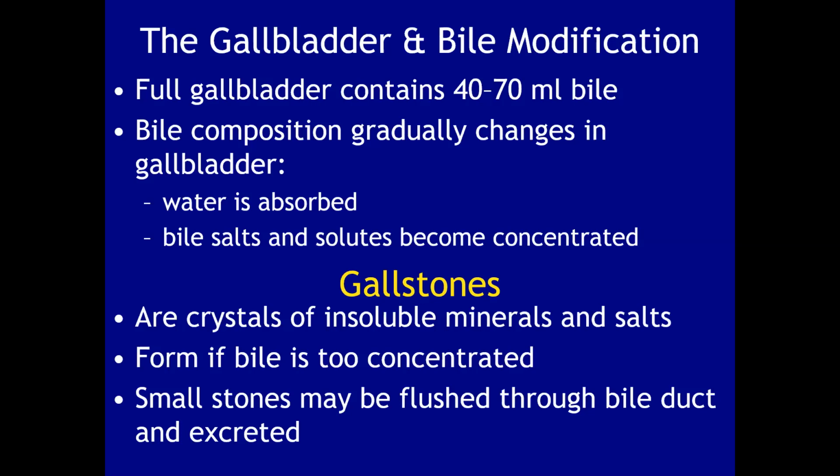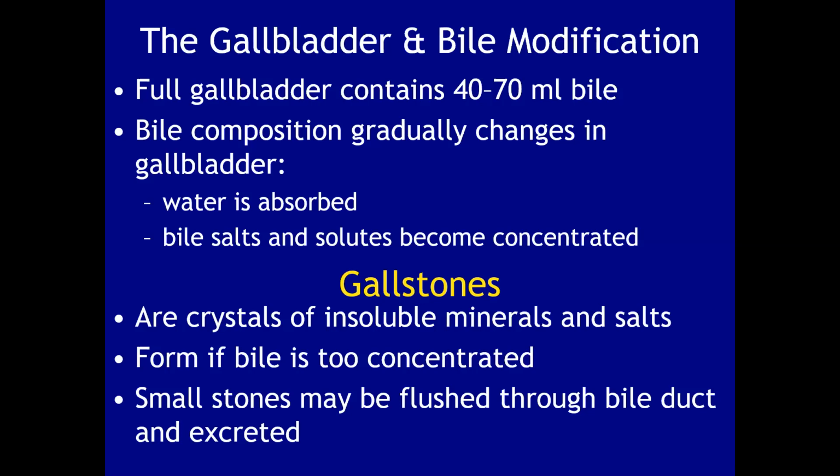So water is absorbed and the bile salts and the solutes become concentrated. Well, if the concentration is too great, or you do not have enough water in your diet, or you have a fatty diet, you could get gallstones.